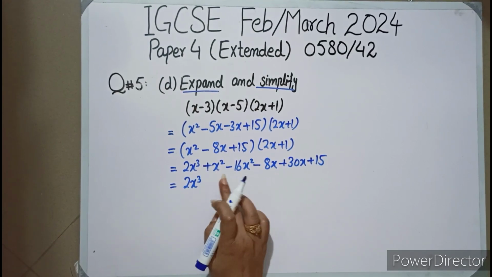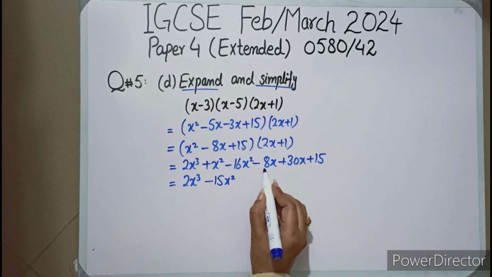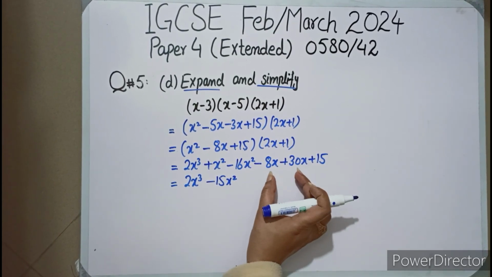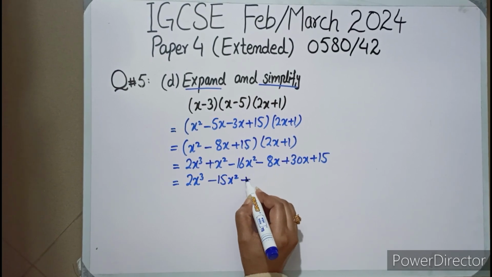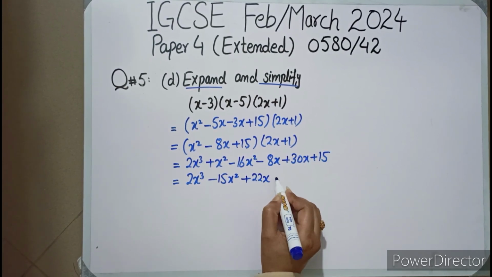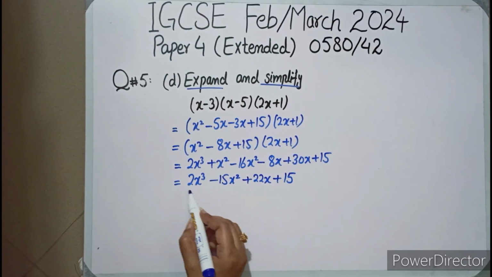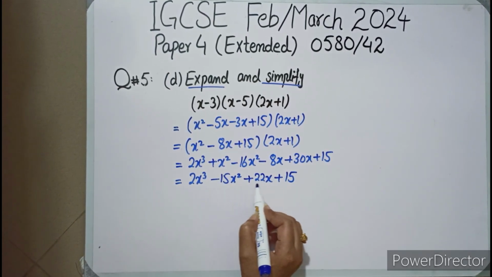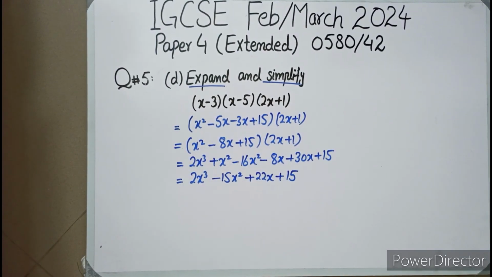You have to solve these two terms together, minus 15x squared. You have to solve these two terms as well, 22x plus 15. This is the expansion and simplification of this algebraic expression.